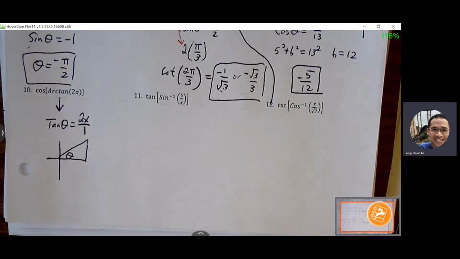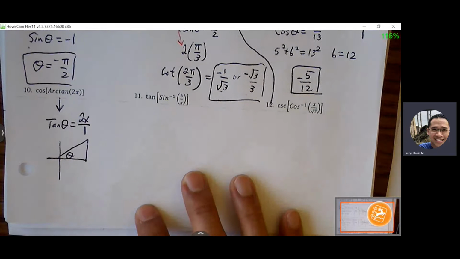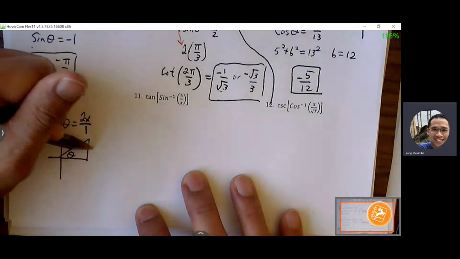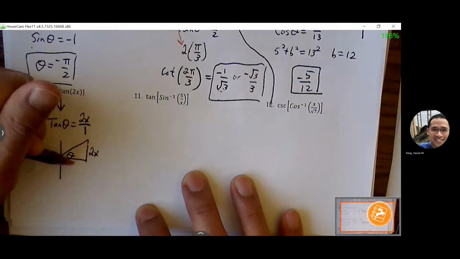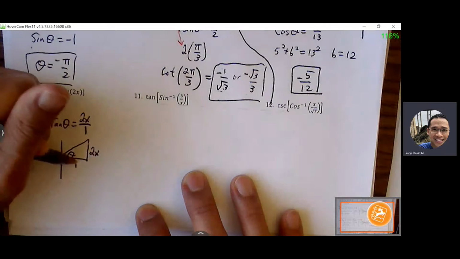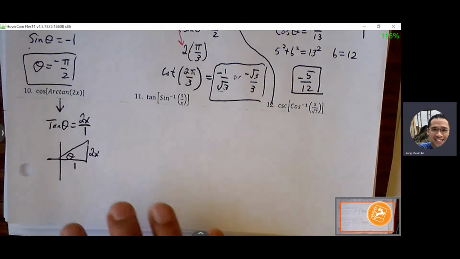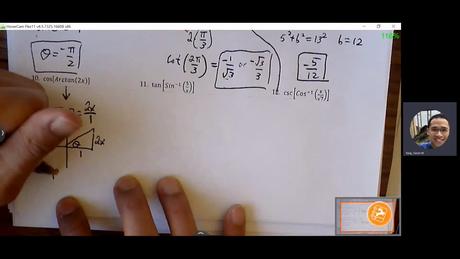Okay, where does the 2x go? Where does the 1 go? Opposite and adjacent. Okay, Pythagorean theorem, a squared plus b squared equals c squared.